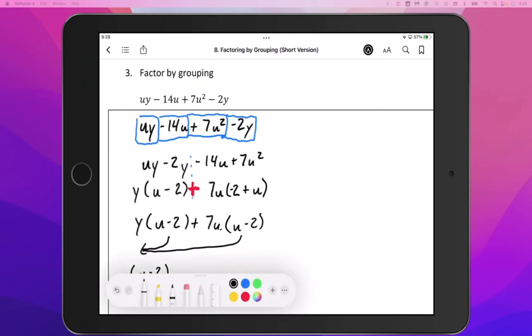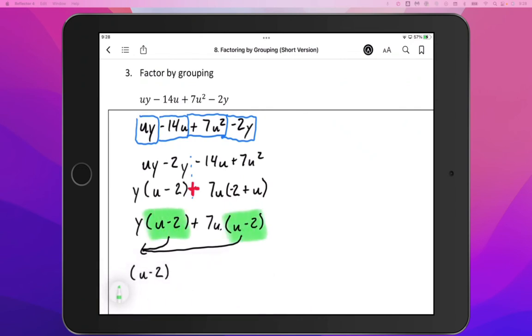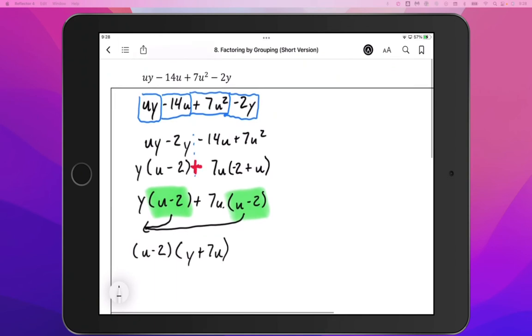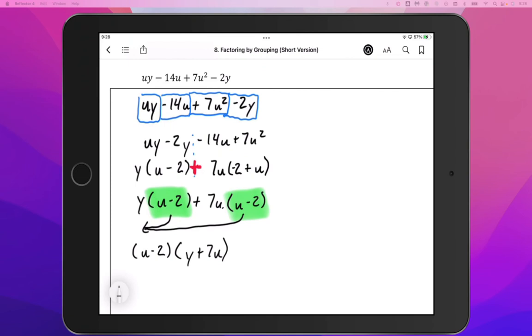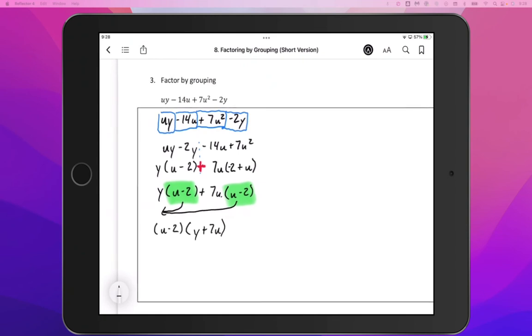And then what's left is y plus 7u. And again, you could multiply that out to check it, and you would get the same thing that we started with. If you don't get the same thing that we started with, you made a mistake somewhere along the way. And so that's it for that one.